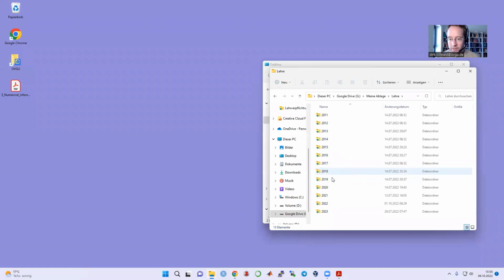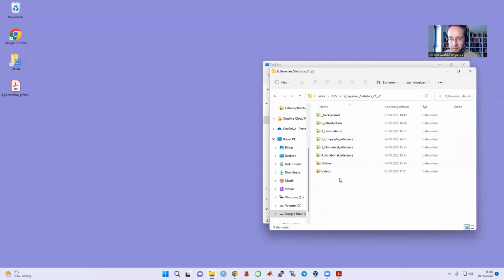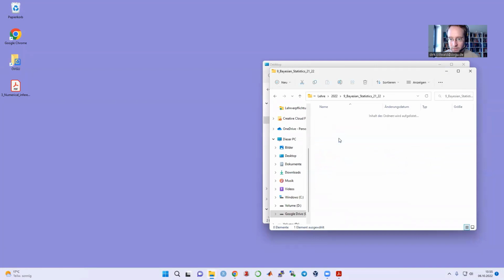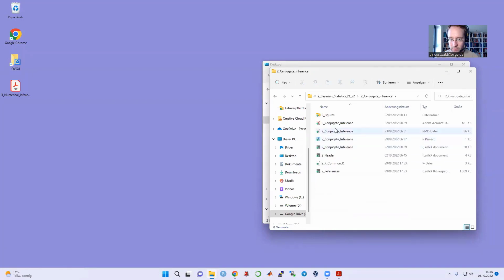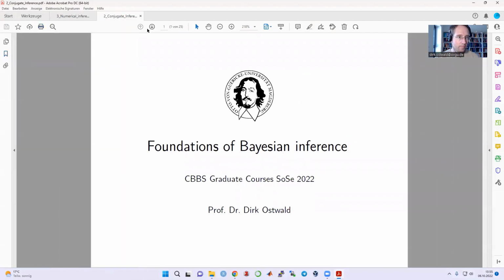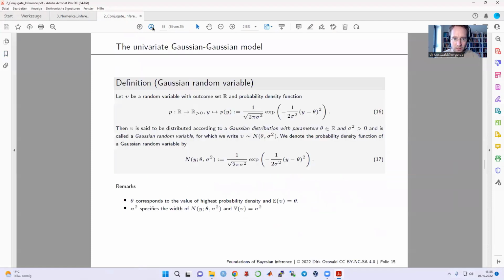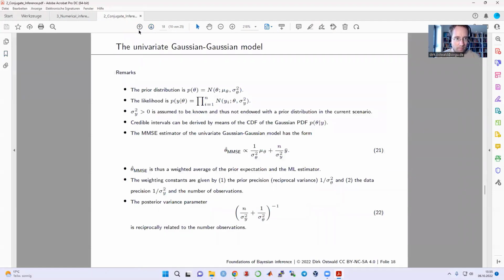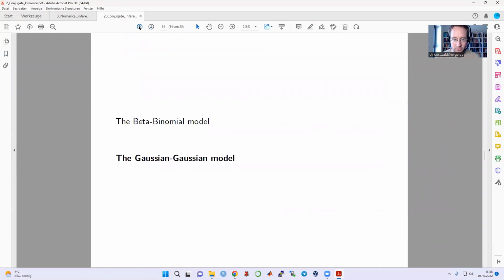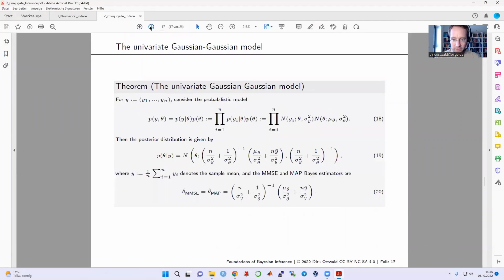No, so it was there. It's always there, but because we were dealing with these relatively simple, standard distributions, we didn't have to do the integration because we know the result of the integration already.